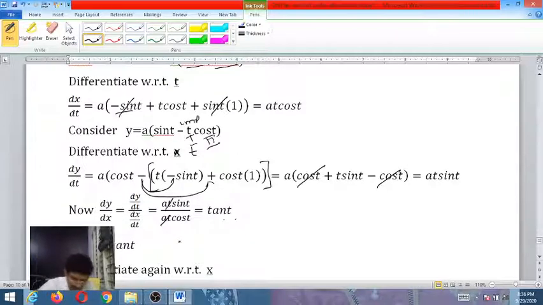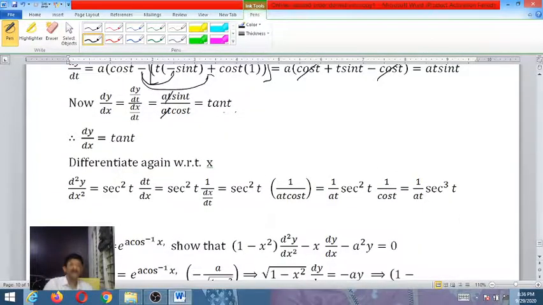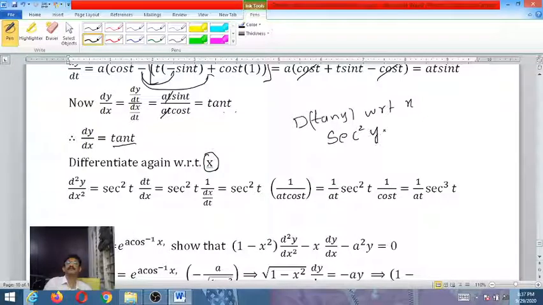Now next is the important one. Here, for d square y by dx square, we differentiate dy by dx with respect to x. Remember, sorry, with respect to x, not t. So d square y by dx square is the derivative of tan t. What is the derivative of tan y with respect to x? We write secant square y into dy by dx, isn't it?